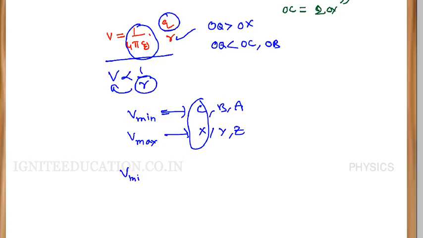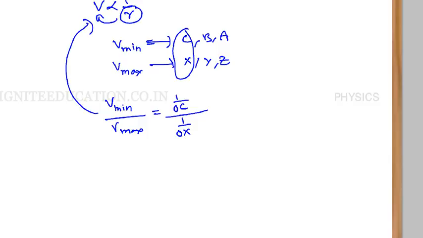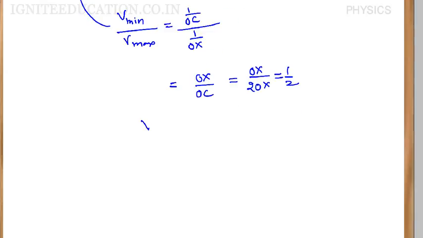V minimum divided by V maximum is equal to 1 by OC divided by 1 by OX, using the V proportional to 1 by R formula. That is equal to OX by OC. That implies OX by 2OX, so that is equal to 1 by 2. So V minimum by V maximum is equal to 1 by 2.